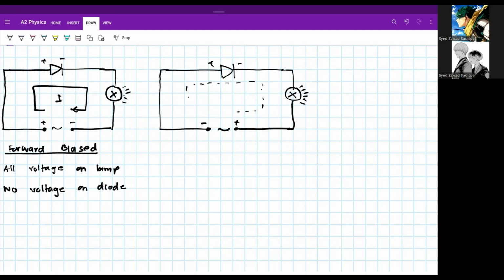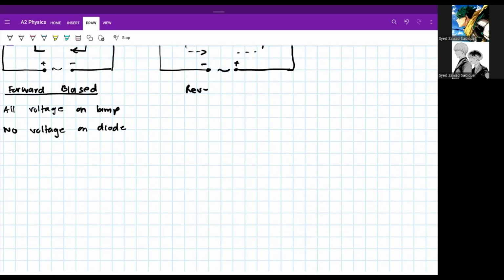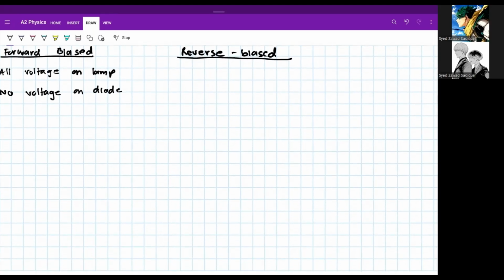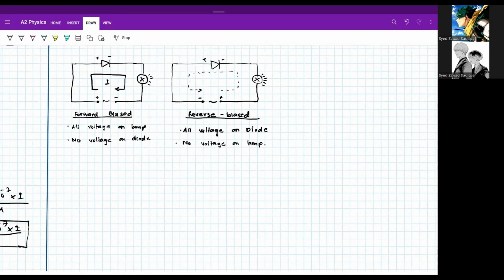Therefore, we say this is reverse biased. Now, for reverse biased, all voltage is on the diode, no voltage on the lamp. So basically, the opposite of forward bias.